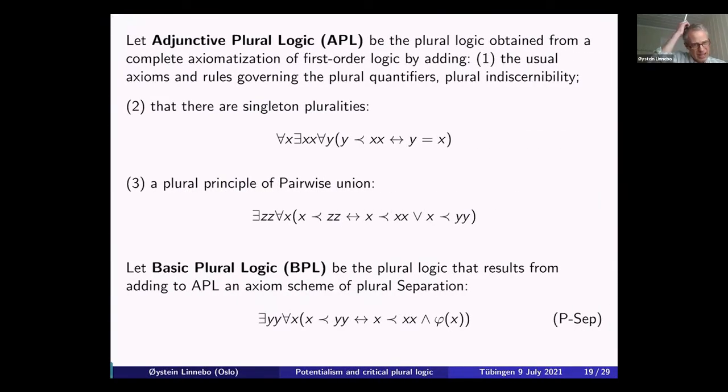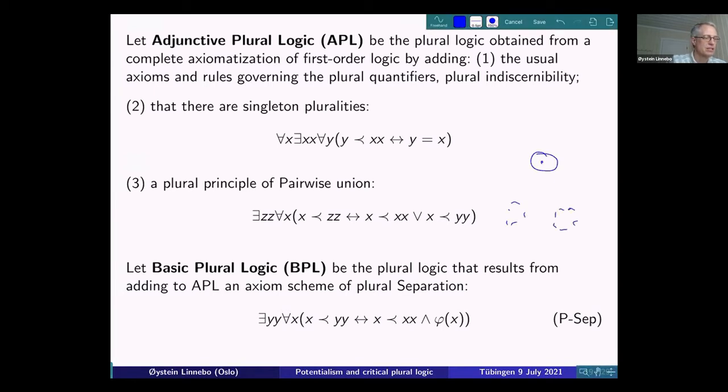And before I give the answer, I've got to introduce a system of plural logic, which is required to state the answer. So first, we have a very weak system I call adjunctive plural logic, which says that there are singleton pluralities. So given anything, you can circumscribe the corresponding plurality of those things.